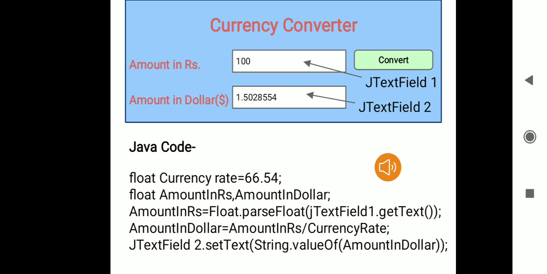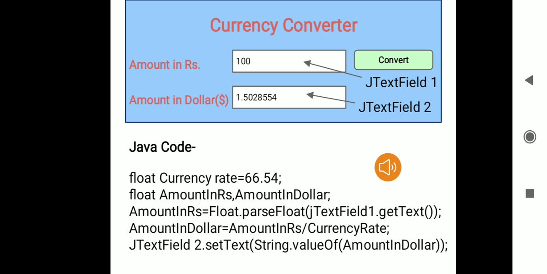Once the division is done, the result of the division, which is 1.5028, will be assigned to the variable amount in dollar. So amount in dollar now gets the value 1.5028. This is represented by the statement amount in dollar equal to amount in RS divided by currency rate. Then come to the next line, which of course is the last line of the Java program.